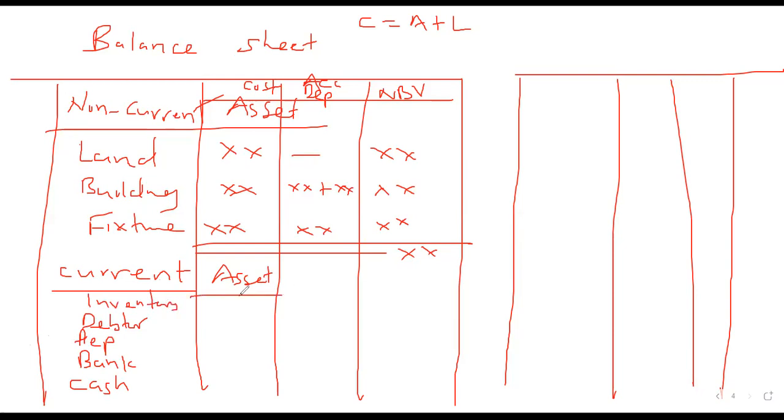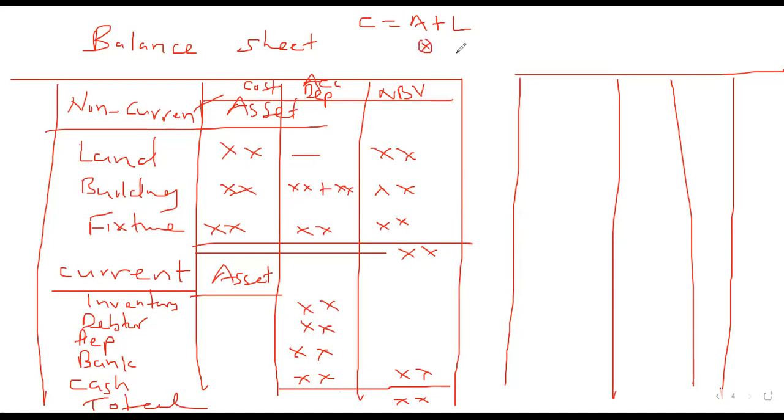So we have our inventory, our debtors, our prepayment, our bank and cash. Collectively, when you add them here, we get our total assets.